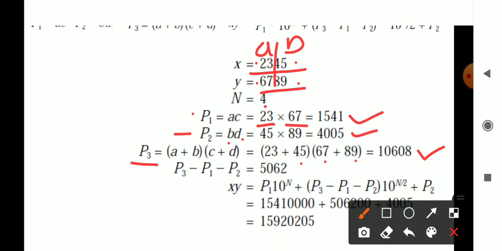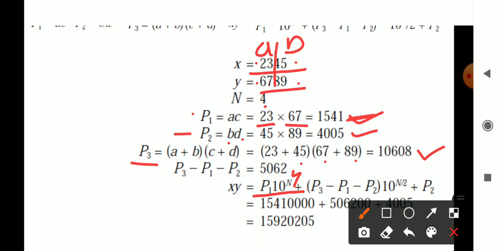Here the equation is P1 multiplied by 10 raised to the power n. The value of P1 is 1541, and 10 raised to the power 4 gives 15410000.